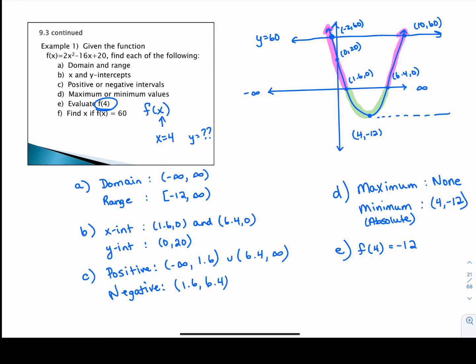So what they're asking for in part F are the x values if y happens to be 60. So in this case, we could say x equals -2, and we know that x is also equivalent to positive 10 because those two x values give us y values of 60.